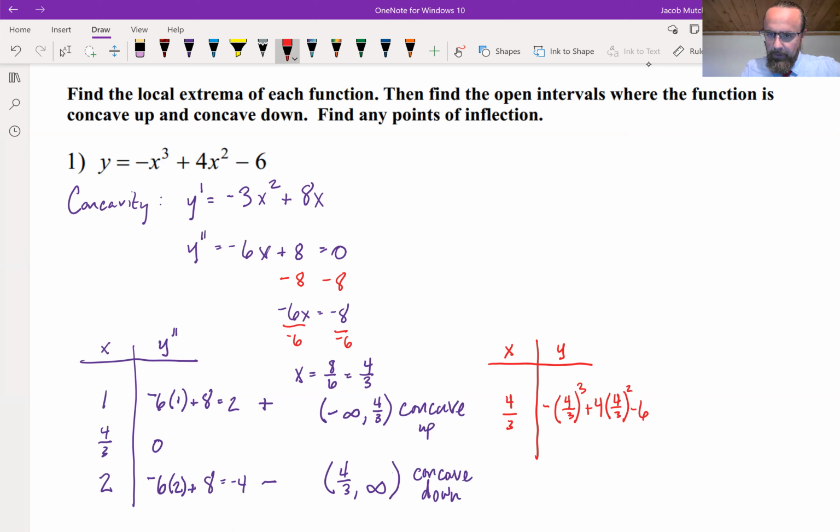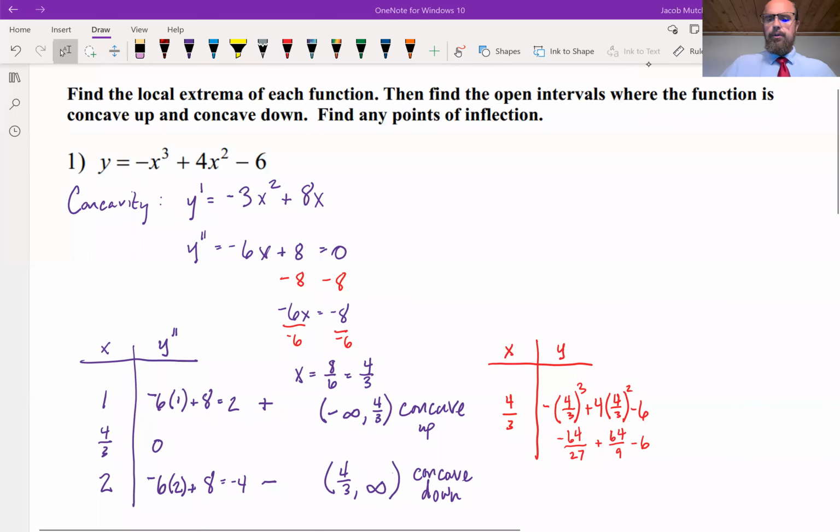So that's going to be negative 64 over 27 plus 4 squared is 16 times 4 is 64 over 9 minus 6. To solve this, I need to make my denominators for all three 27.